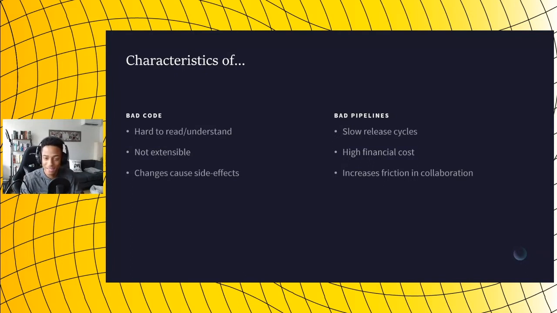In CI/CD, there's continuous integration and continuous deployment, right? The continuous integration part enables stronger collaboration between developers, meaning bugs are found and fixed a lot earlier and faster in the development process. But having a bad pipeline makes it very difficult to do so.